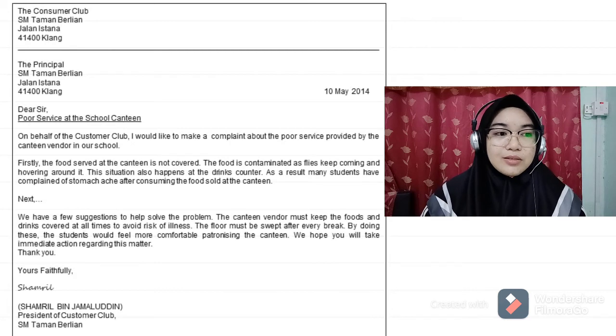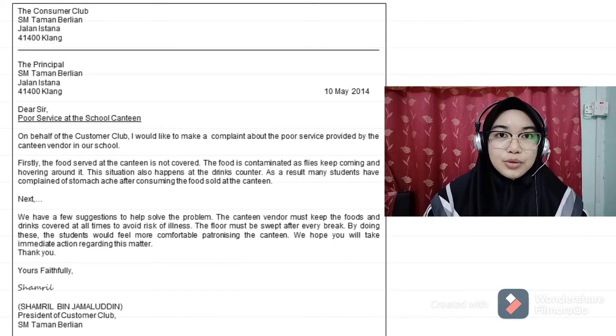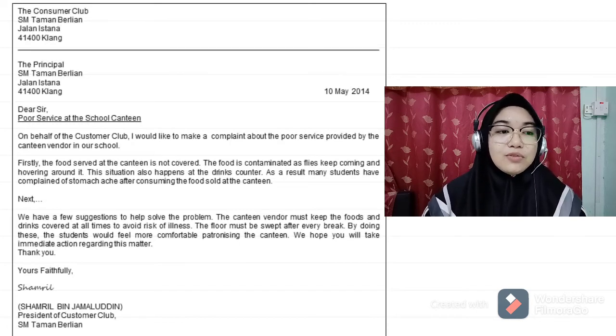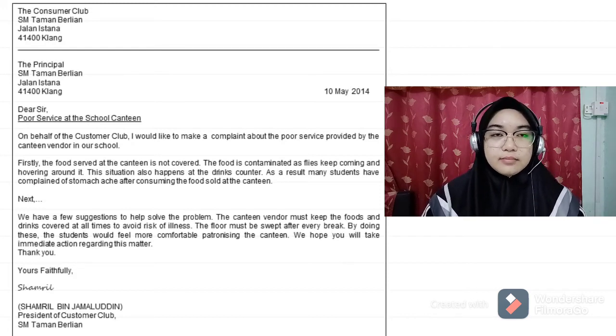These situations also happen at the drinks counter. As a result, many students have complained of stomach ache after consuming the food sold at the canteen. Next, you may provide another point at the second paragraph.